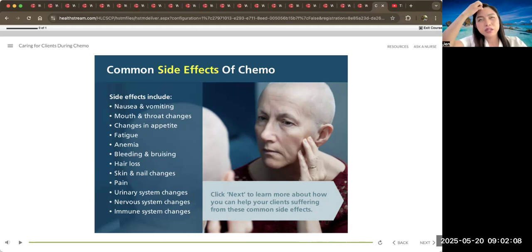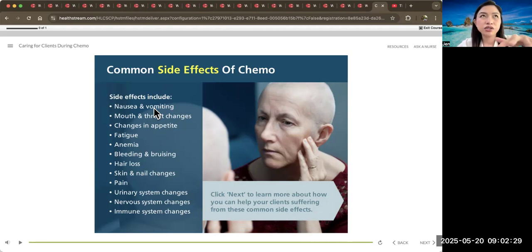Now, a few patients experience nausea and vomiting on day 3. For example, on day 1, the patient received the chemotherapy. Day 2, she seems fine, but day 3, she seems to be nauseous, and that's when she started vomiting.